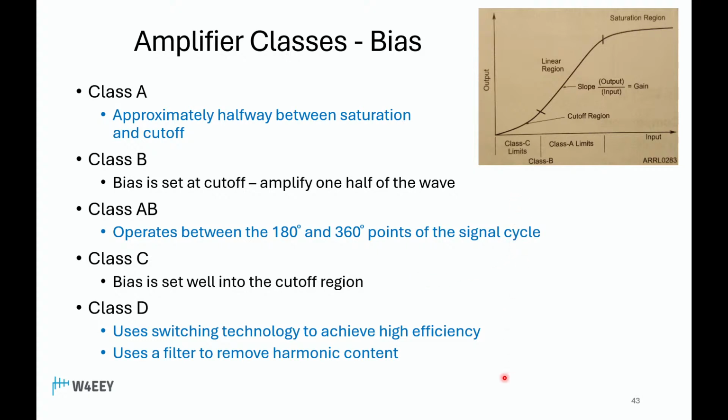And Class D uses switching technology to achieve high efficiency because the transistors are normally fully cut off or fully saturated. It needs a filter to remove harmonic content. So just take a second and try to absorb the blue text here, because that's going to show up for you.